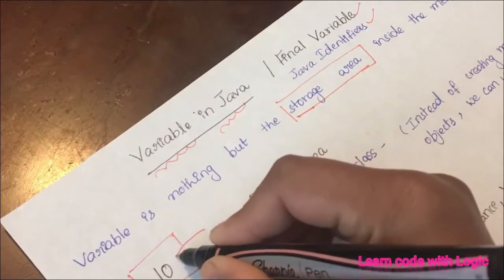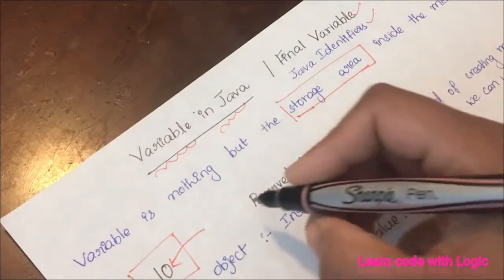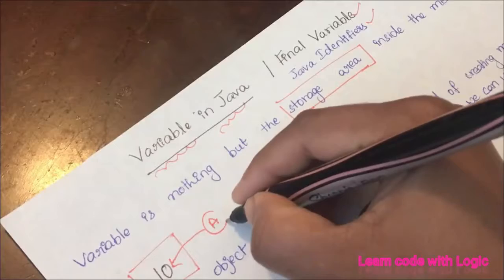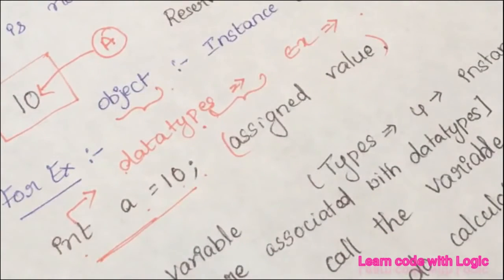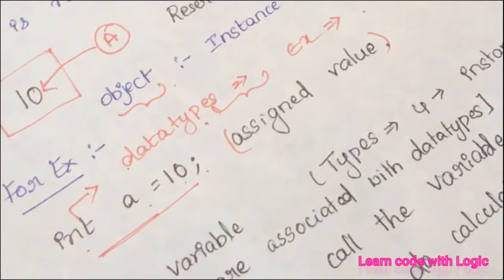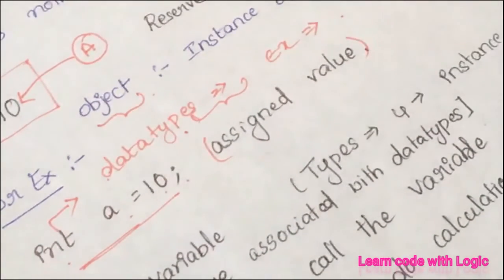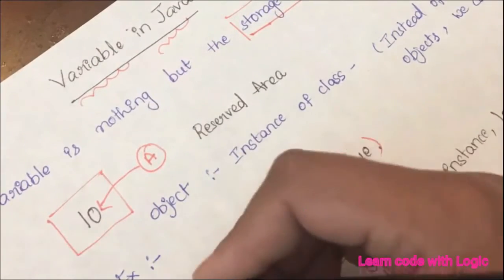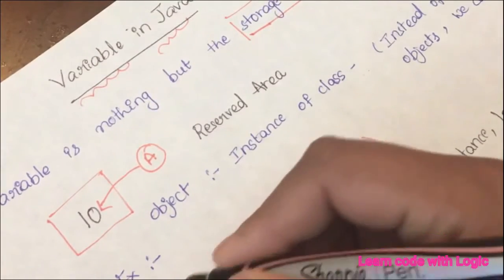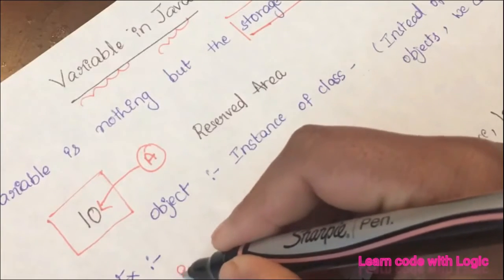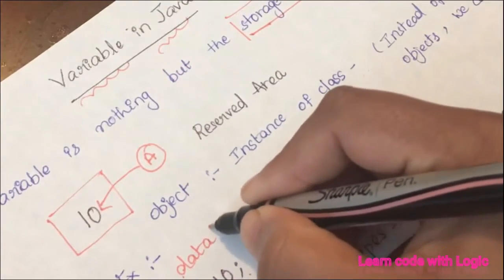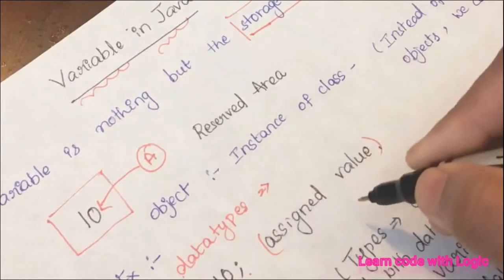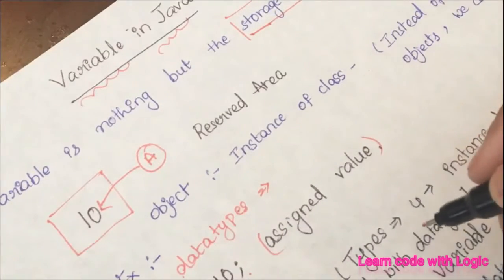We are allocating one space here and we are assigning a variable here. So this is the example. int a equal to 10. 10 is the assigned value. Variables are always assigned with data types. Here int is the data type. We will see that in my next class.